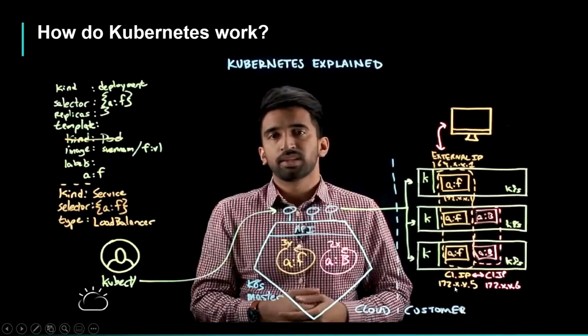This cluster IP is a stable IP because if one of the pods goes down, it is still the same IP address, and they can access different pods on a different worker node.